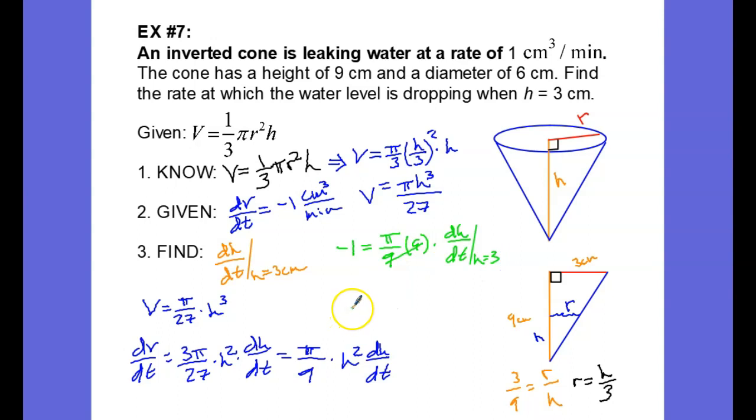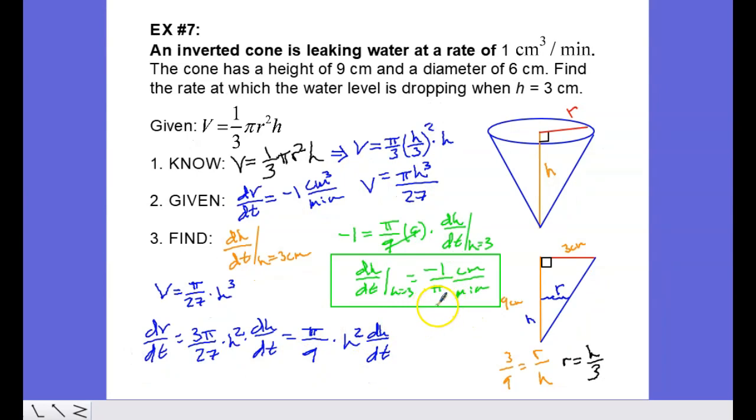So the 9's cancel, and what we find is that dh/dt evaluated at h equals 3 centimeters is equal to negative 1 over pi centimeters per minute. And this is an exact answer, but if you do get a decimal approximation, don't round until the end and make sure you've got 3 decimal places.